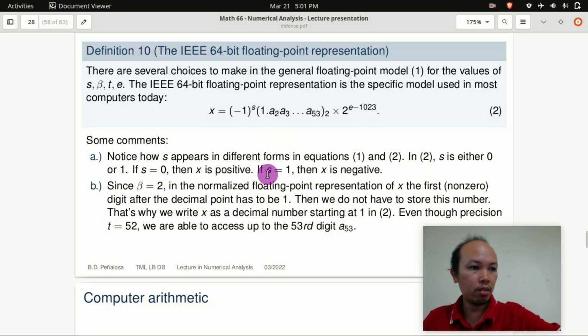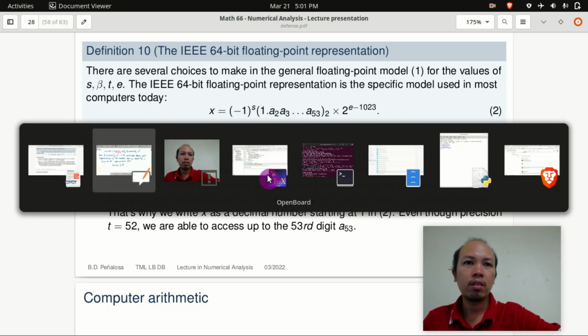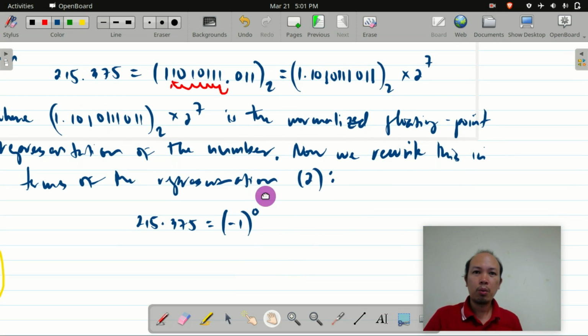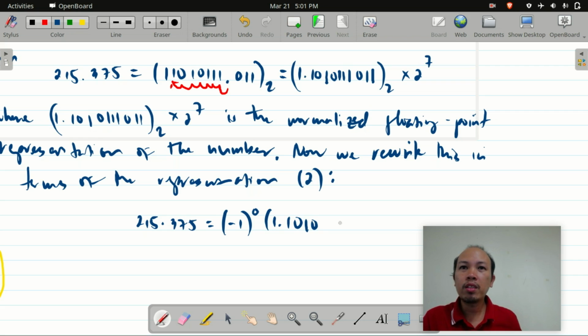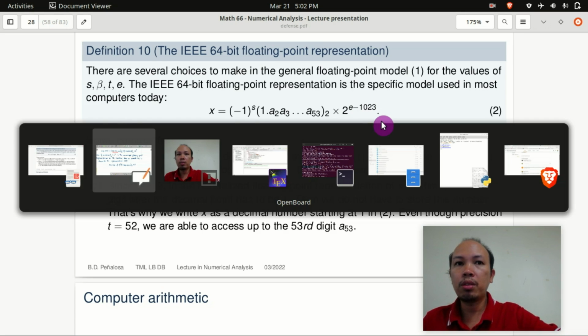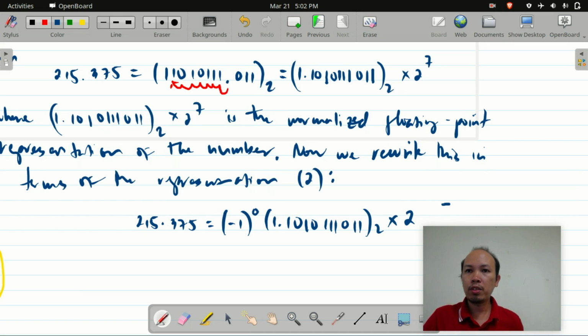We have 1.1011 base 2 times 2 to the, so how will you represent this exponent, 2 to the 7, into 2 to the e minus 1023.